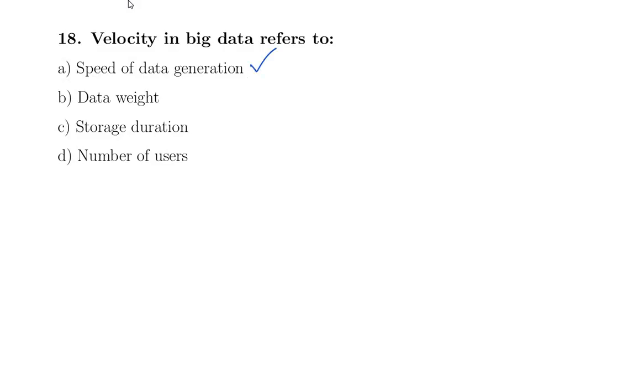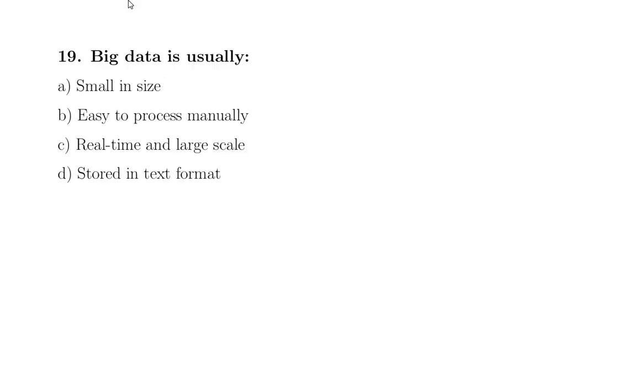Velocity in big data refers to the speed of data generation. Big data is usually small in size, easy to process manually, real-time and large scale, or stored in text format. The correct option is real-time and large scale.